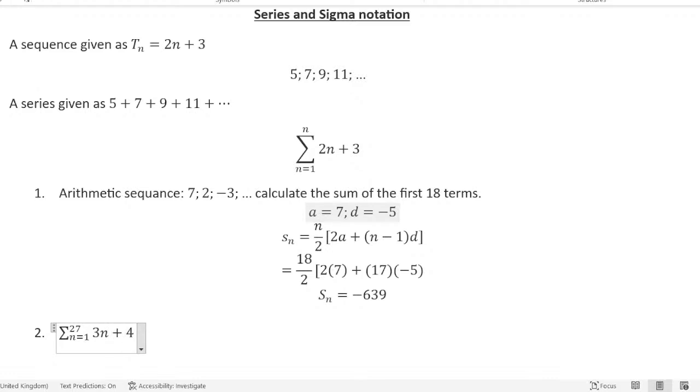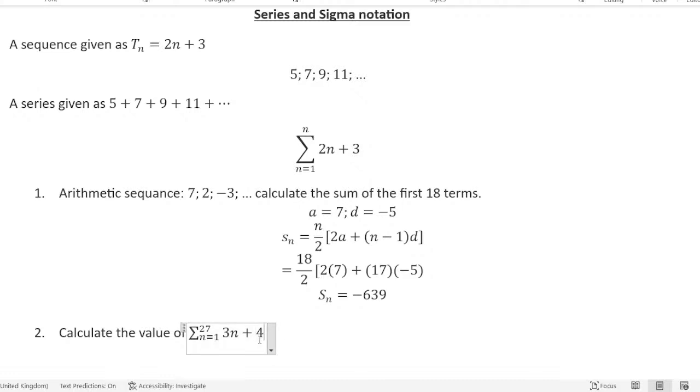The question says calculate the value of this sigma notation. The last term is 27 and the first term is 1, and we have 3n plus 4.